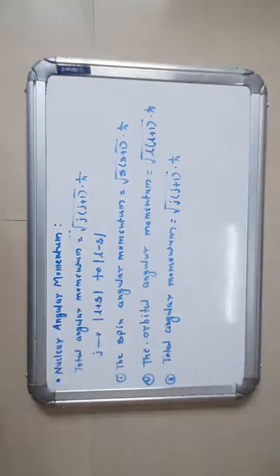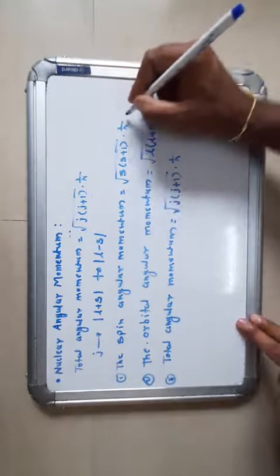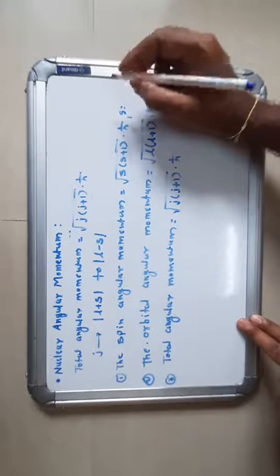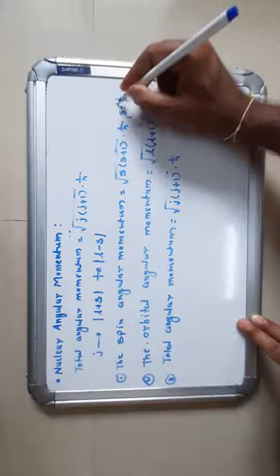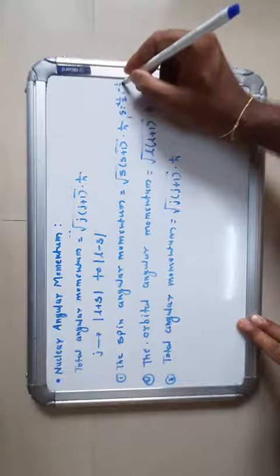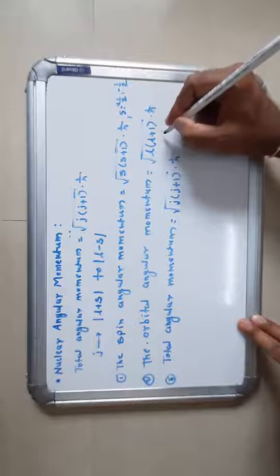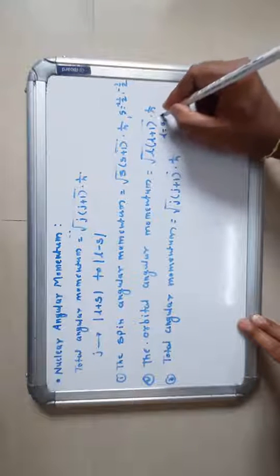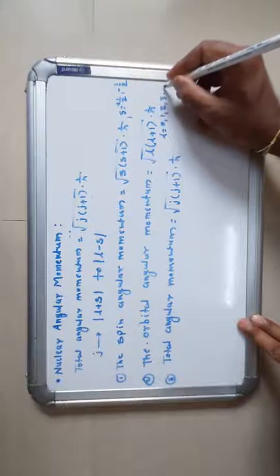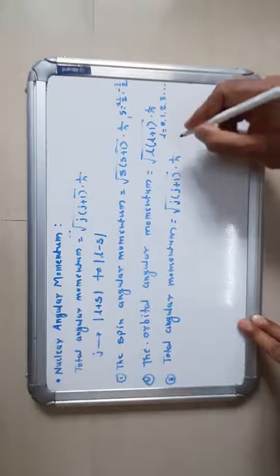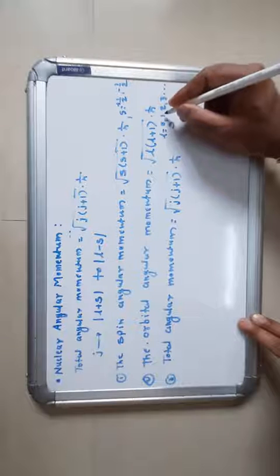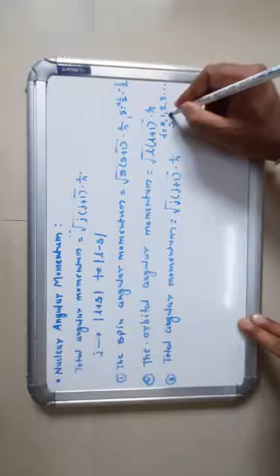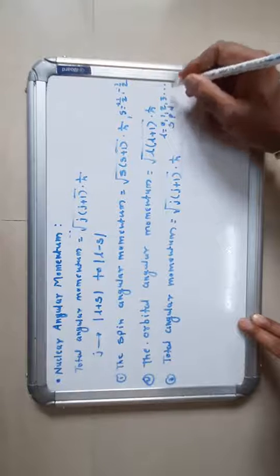Okay, here the value of s in spin angular momentum is plus half to minus half. The value of orbital angular momentum l is 0, 1, 2, 3 and so on, denoted s, p, d and so on.